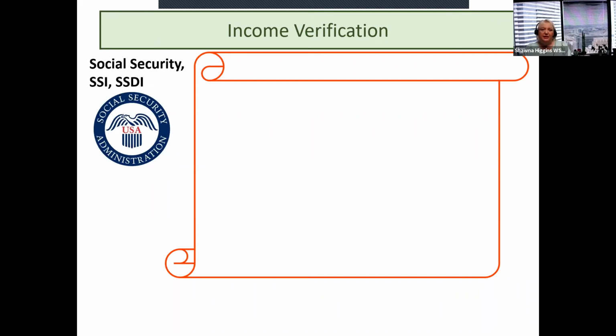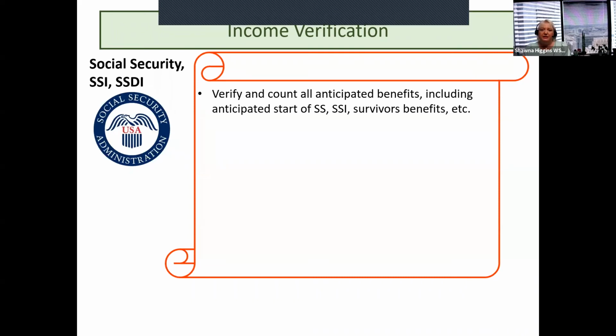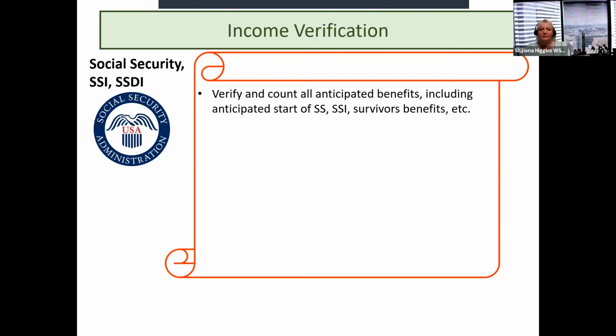Okay, so Social Security, SSI, SSDI. So you're going to verify and you're going to count all anticipated benefits, including anticipated start of the Social Security, SSI, or survivor benefits. So meaning that if someone is of age to claim Social Security and they say they are going to, then you're going to want to dive a little bit deeper into that one.